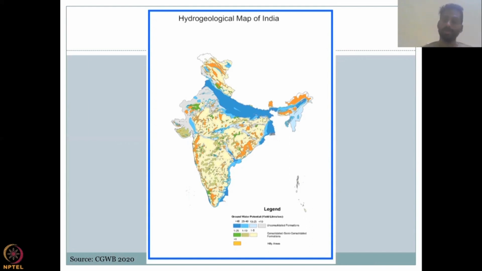It also depends on where it is located. Because you have water flowing in these regions, the water can easily enter your formations, and the formations have the potential to store it for a long time. And that is why you can extract it. So the groundwater potential is very high, from greater than 40 liters per second to less than 10 liters per second.